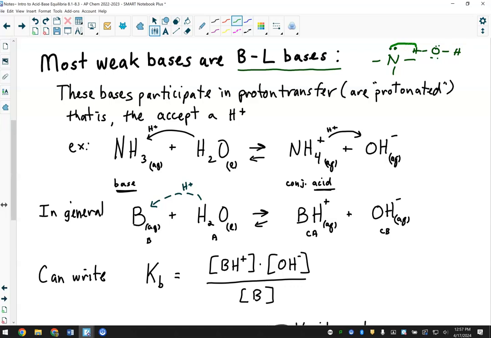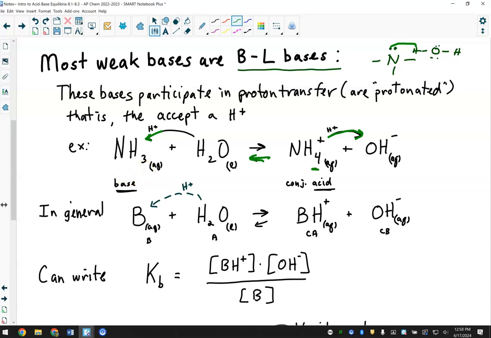It is the conjugate acid to the Bronsted-Lowry base NH3. NH3 is a base because it accepted a hydrogen. But in the reverse reaction, the NH4 plus is giving away a hydrogen to hydroxide to remake water, so it would be an acid, and it is the conjugate because it differs by a hydrogen. We got all that, okay?